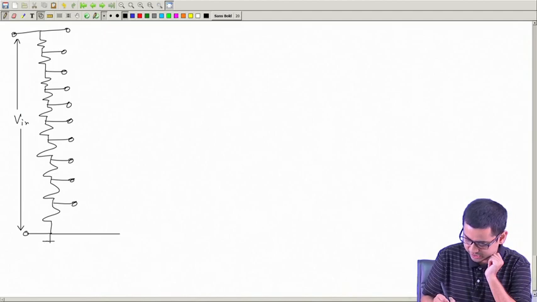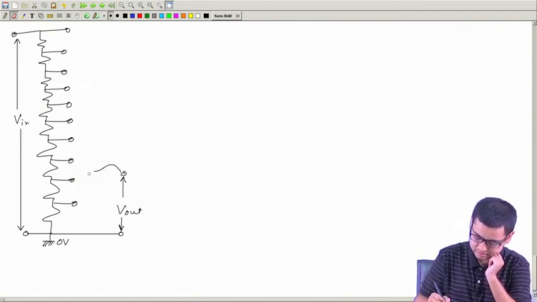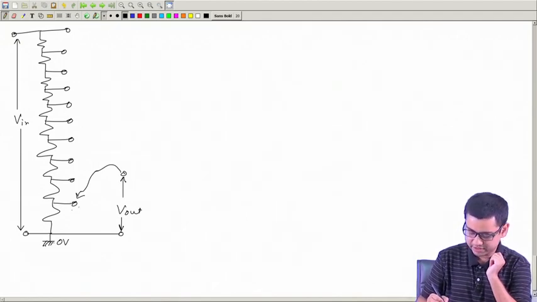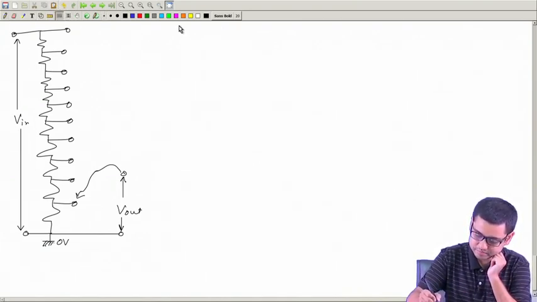You can take this as the reference for all measurement. If you want to divide by a factor of 10, then you have to connect it here after the first resistance. Then let us make another one.